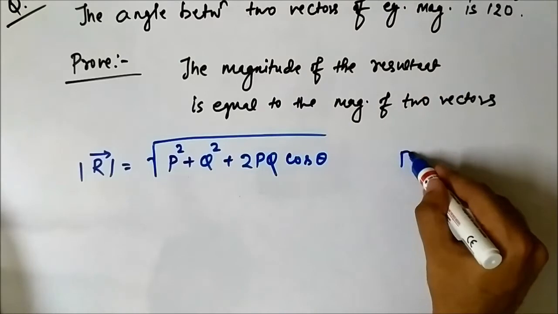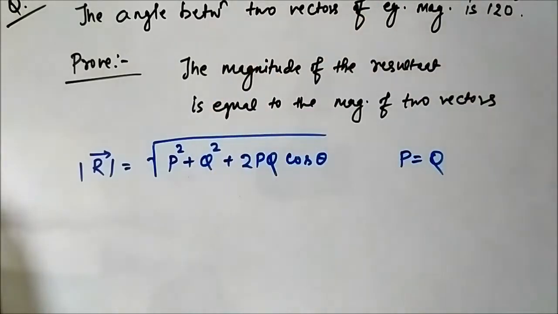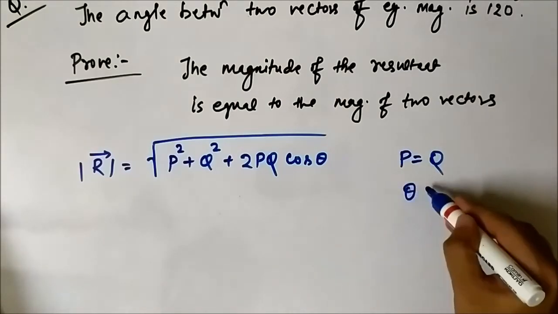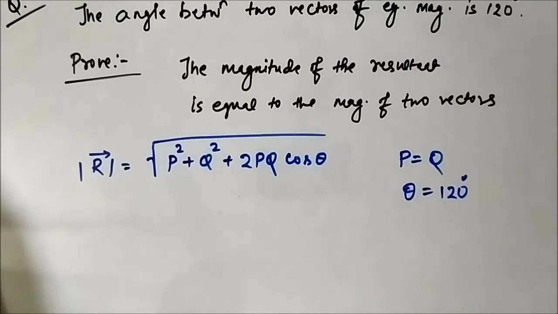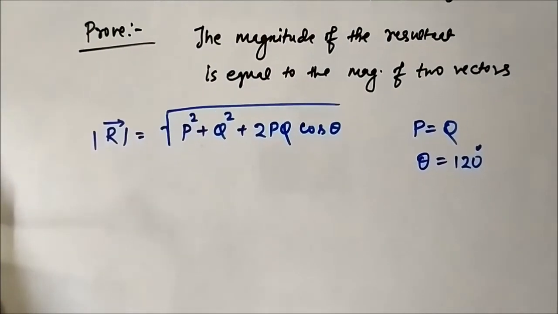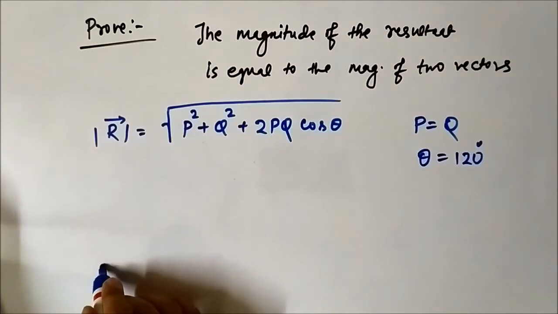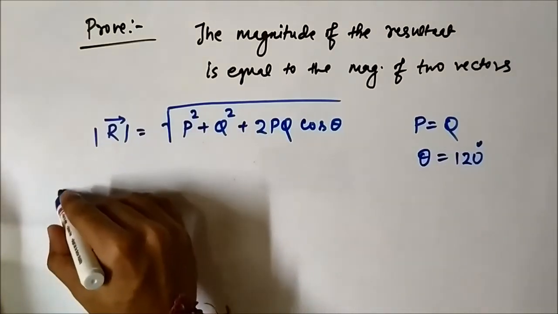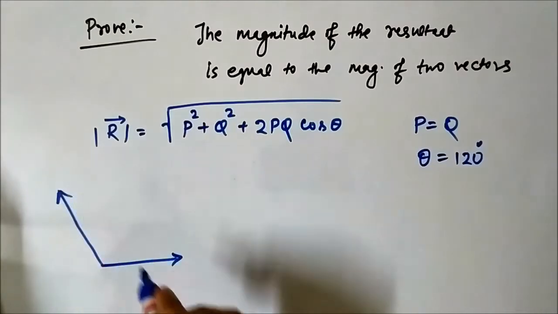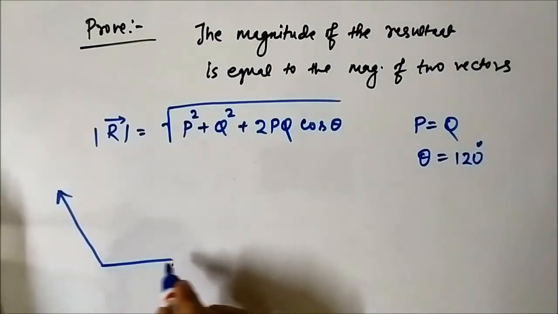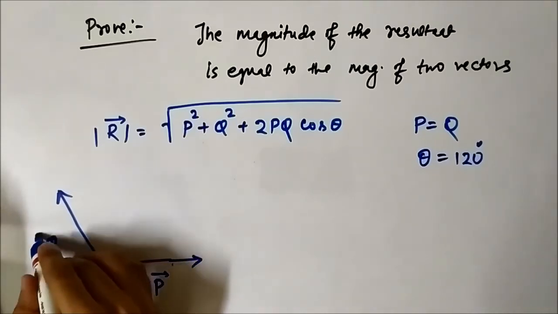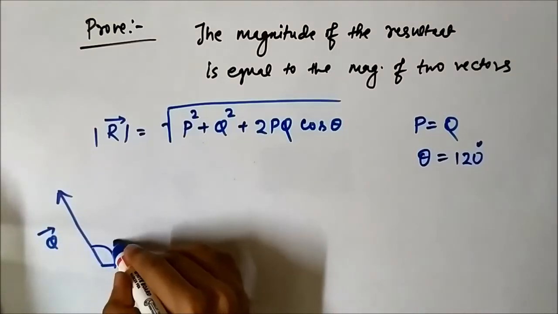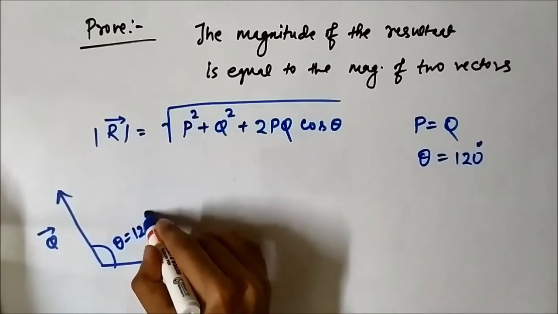Here p is equal to q, the magnitudes are equal according to the question. Theta is equal to 120 degrees. So the vectors will look something like this: P and Q, two of equal magnitude. P vector, Q vector. So this theta is around 120 degrees.